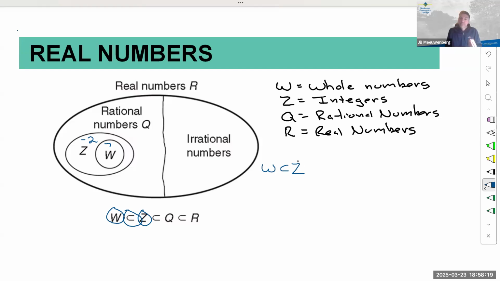And Z, the integers, are a proper subset of the rational numbers. -2 is an integer. It is also a rational number because it could be written as a fraction, but 3/4 is a rational number that could not be written as an integer or a whole number. So you see how these sets are embedded inside each other. And we started off way in the middle.